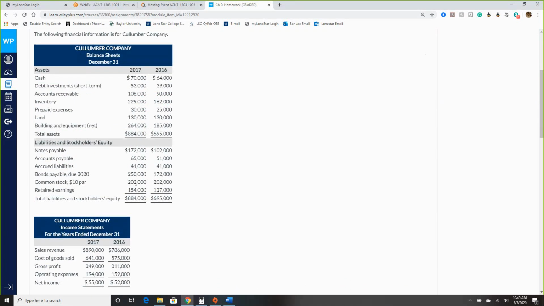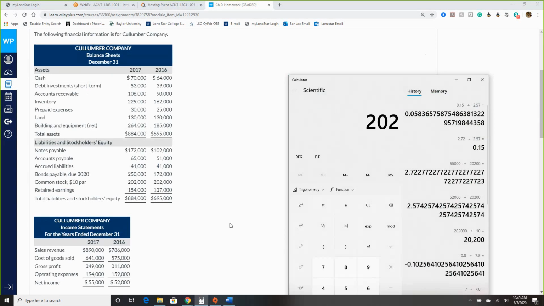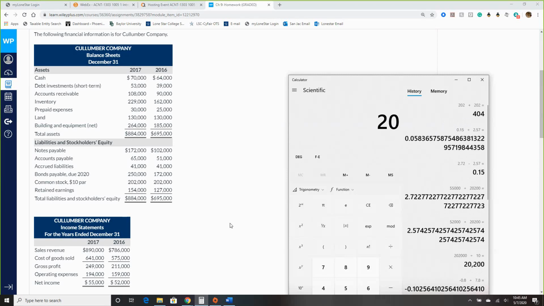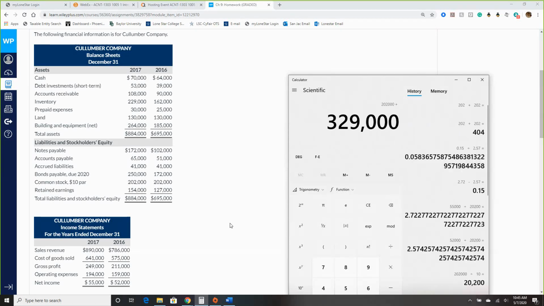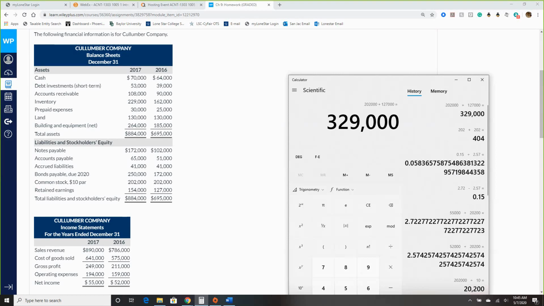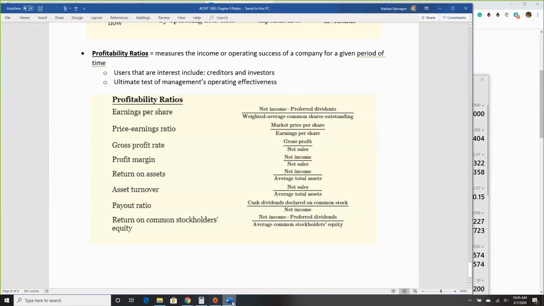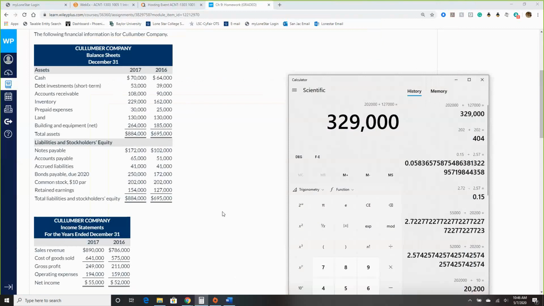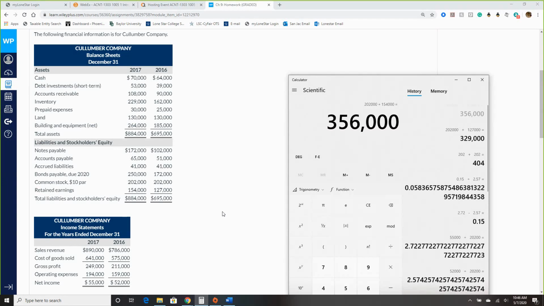So with that, stockholders' equity, since this is all common stock, we're going to have to add these two. So 202 plus I gotta find the average. So I gotta use 2016s. And that's what they're asking for, average common stockholders' equity. Then I have to figure out 2017 equity. Okay.